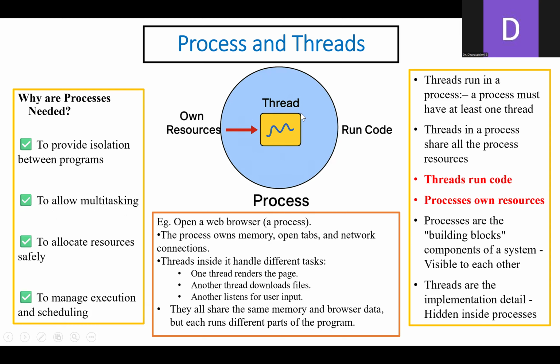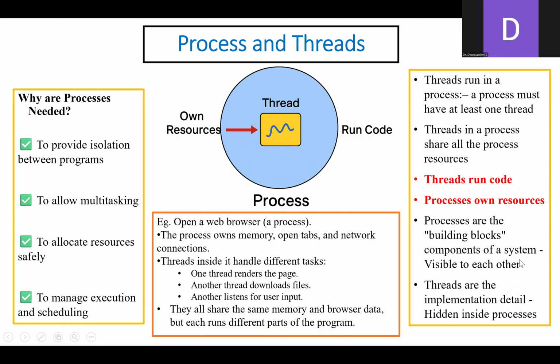Threads in a process share all the process resources. So as I said, threads run code and process owns resources. They are the keywords to understand and remember. Processes are the building blocks, components of a system which are visible to each other, whereas threads are implementation details and are hidden inside the process, right?